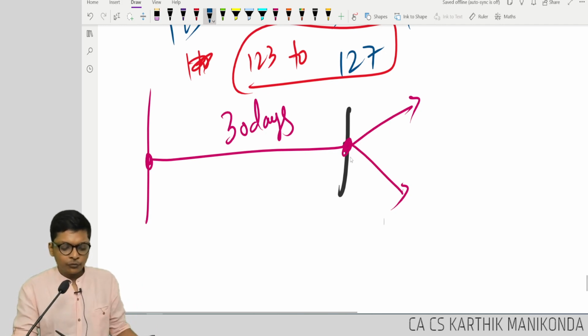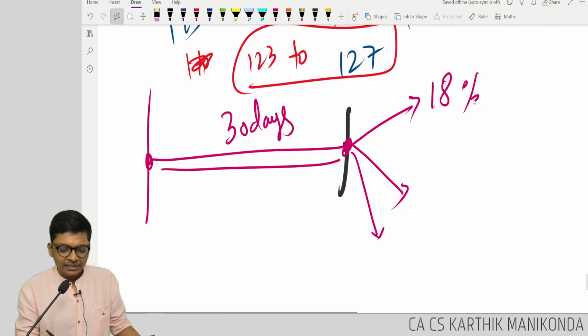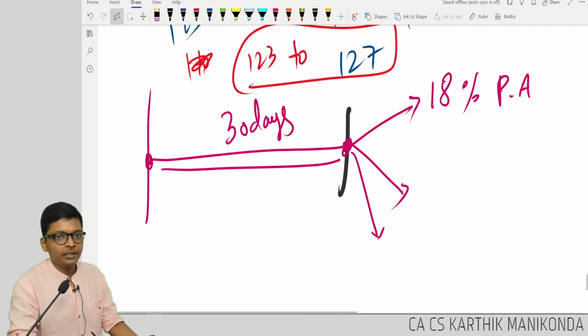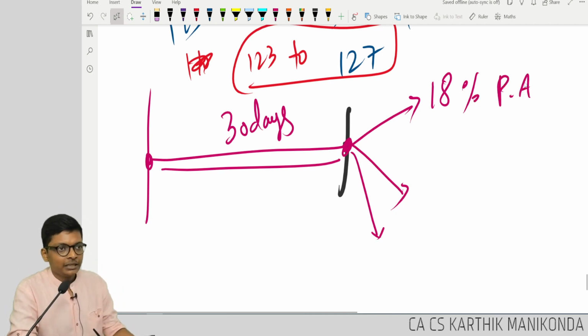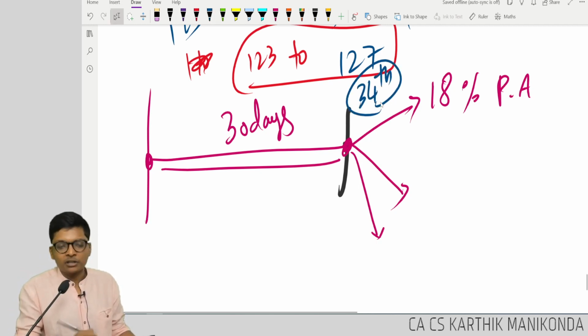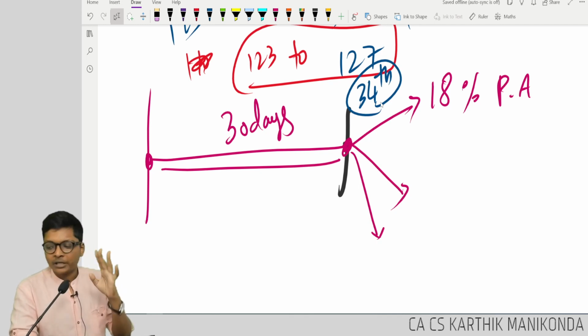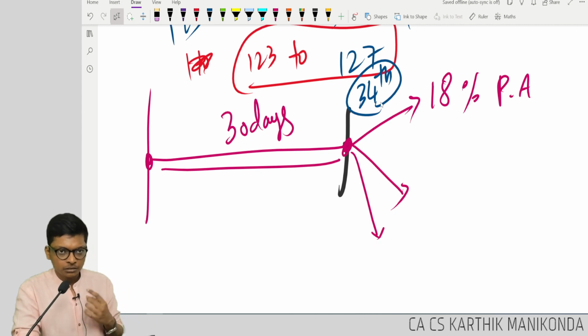If you don't pay within 30 days, you have to pay interest of 18% per annum. For example, I declared the dividend and paid on the 34th day. How many days delay? Interest for 4 days.